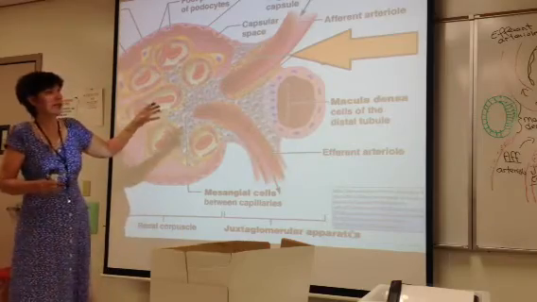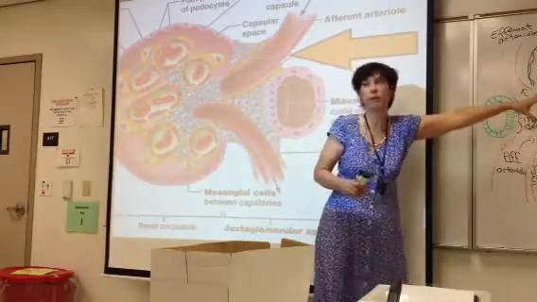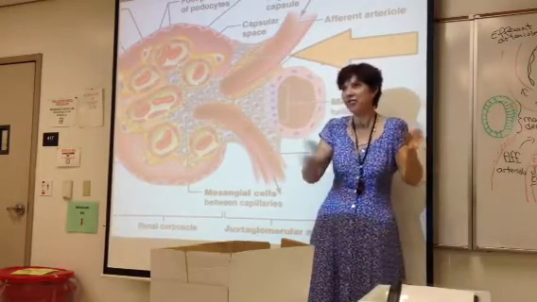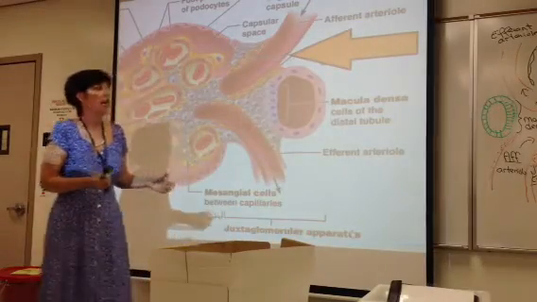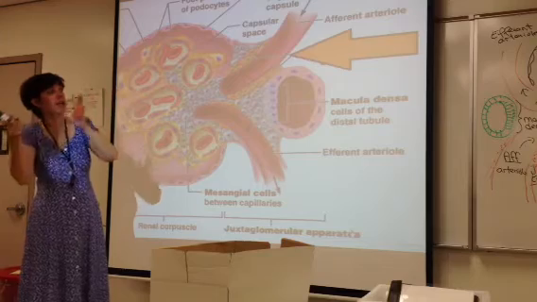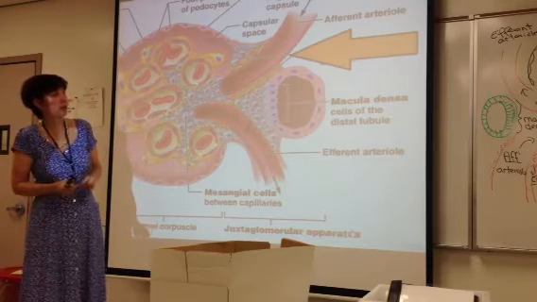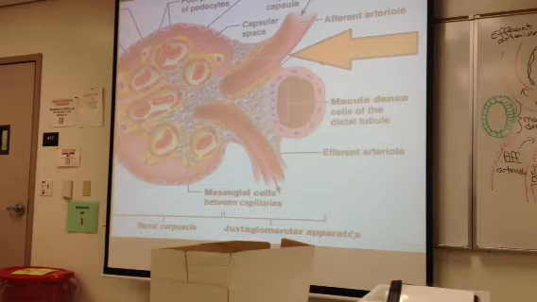So if pressure is low in the afferent arteriole, we already know that we get renin secretion, and changes occur that increase pressure and flow. If that pressure is low, the filtrate formation is low, and as it moves through the nephron, it moves more slowly, and there's more time to take out sodium ions. Okay?